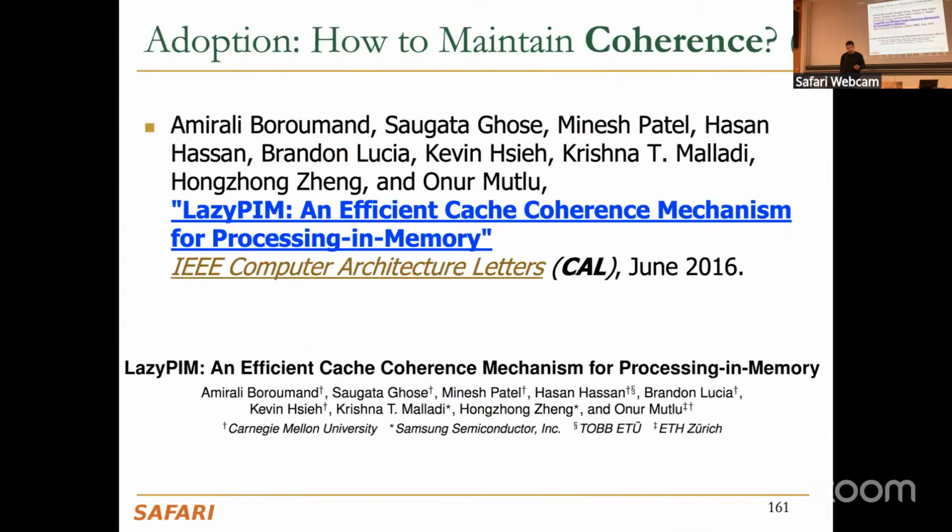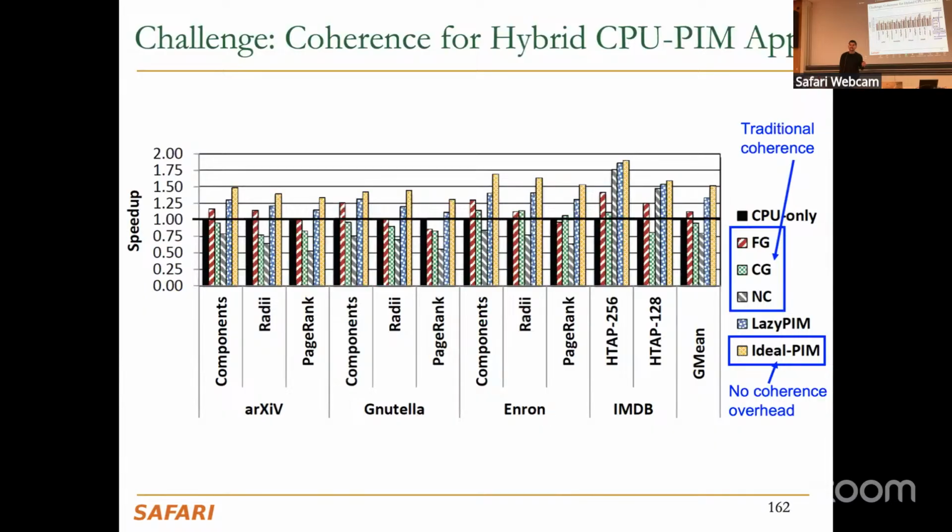We have solutions, for example, for how to maintain data coherence. So if you have your CPU with its caches, and you have PIM in the system, and they are working together on the same task, and portions of the data are in the CPU caches and portions of the data are being updated by the PIM unit, how do I guarantee that the data that the host sees is the most up-to-date one, without incurring significant performance degradation to the overall execution of the task?